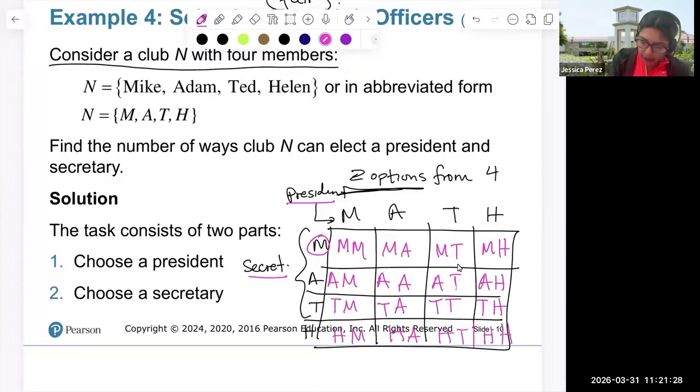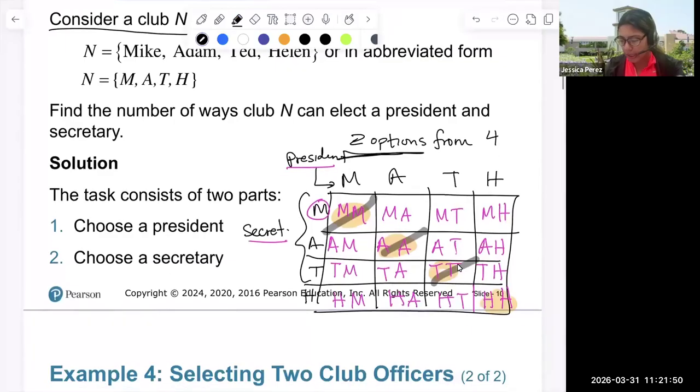Now be careful because when I have duplicates, so MM, AA, TT, and HH, that would mean that Mike is both president and secretary, which is not possible. So you can't be both. Adam cannot be secretary and president at the same time, so you need to remove those options. So those are double counting. Ted and Ted cannot be both secretary and president. And lastly, Helen cannot be both president and secretary.